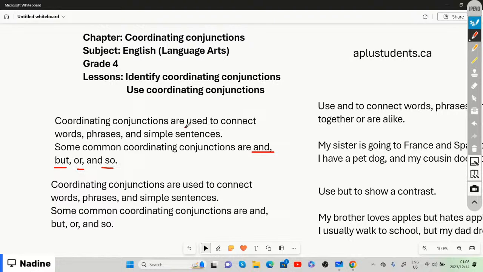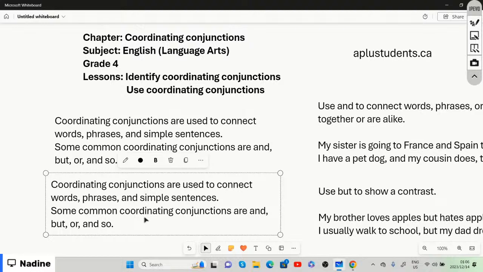They're used to connect either words, or phrases, or even simple sentences.